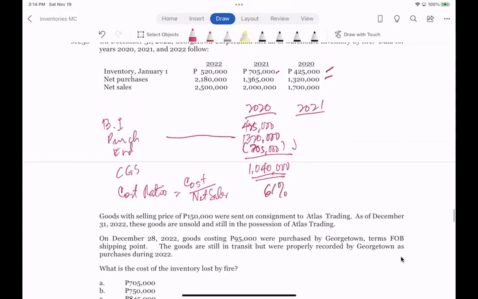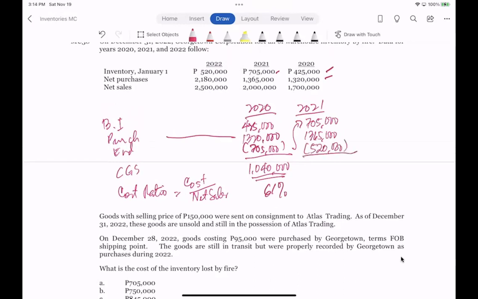For 2021, beginning inventory is 705, whereas purchases amounted to 1365. Deduct ending inventory, which is the inventory January 1, amounting to 520.